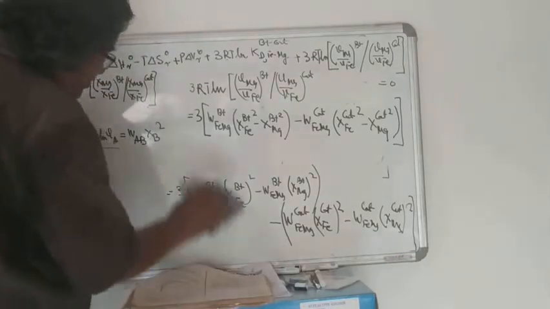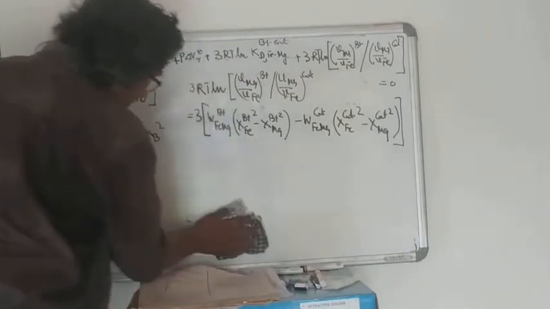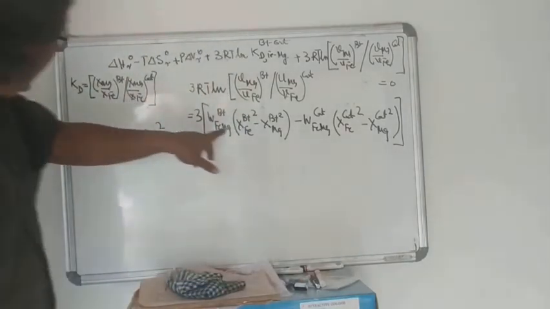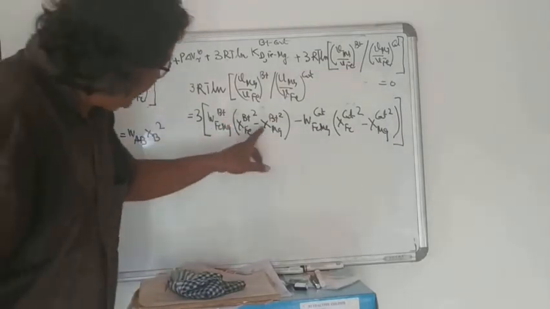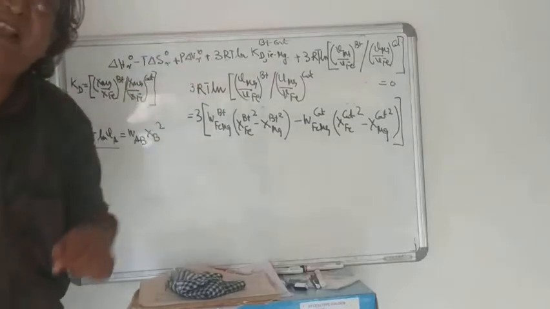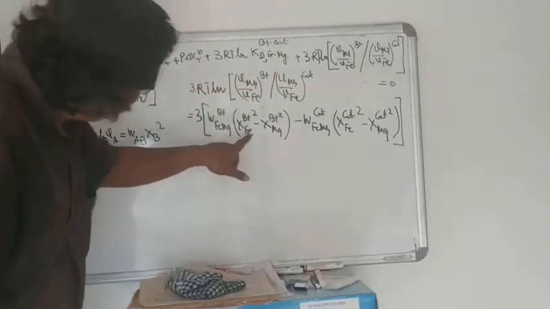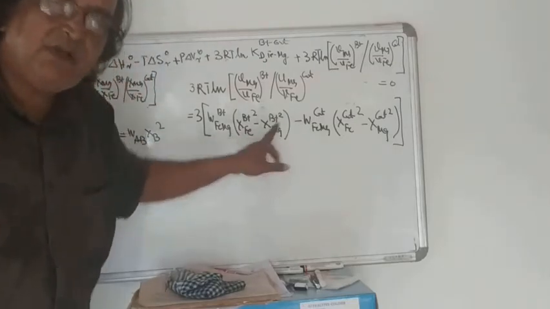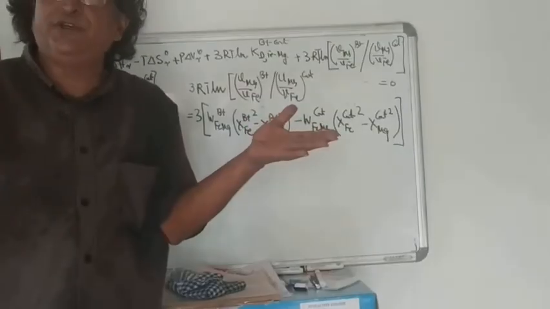If we do that, then if you remember, A squared minus B squared will be A minus B into A plus B. A plus B is what? That means X_Fe plus X_Mg biotite is equal to 1, because iron and magnesium are only two components.